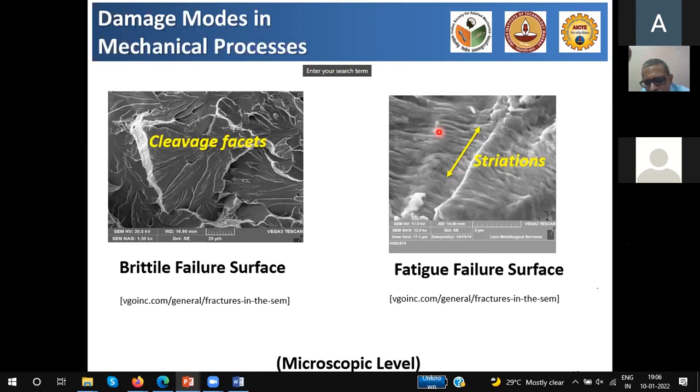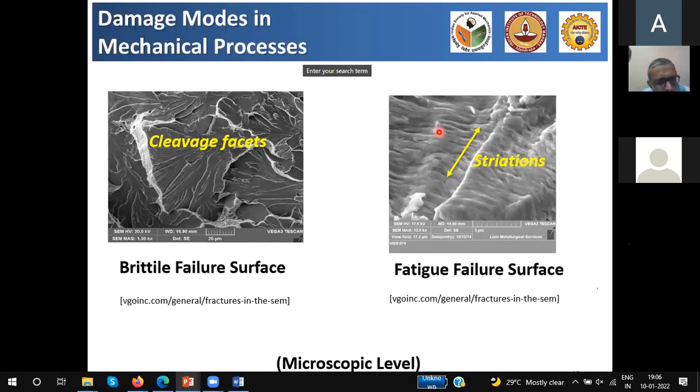So there will be beach marks seen in the micrograph, which are a signature of fatigue failure. Fatigue failure means progressive failure due to cyclic loading, and finally there will be a complete cleavage of the material.